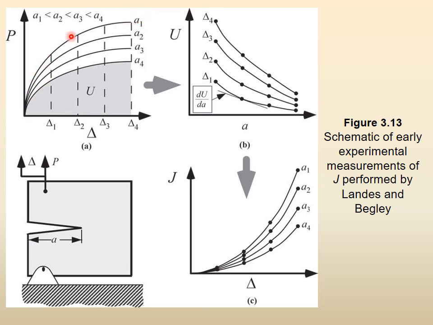Similarly, they had another specimen of crack size a2, another of crack size a3, another of crack size a4, and each time they conducted the experiment and measured, at different loads, as you keep on increasing the load P, what happens to the delta, the opening. So you get curve 1, 2, 3, 4. Each curve is for one crack size. Therefore, as we said, we need lots of samples of different crack sizes from exactly the same material and same geometry. So you get part A of the figure.